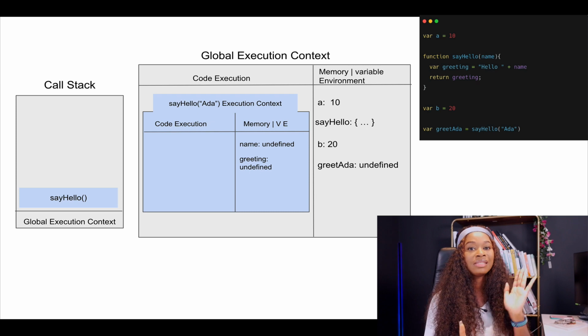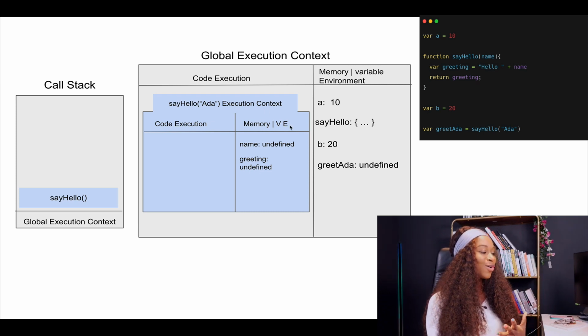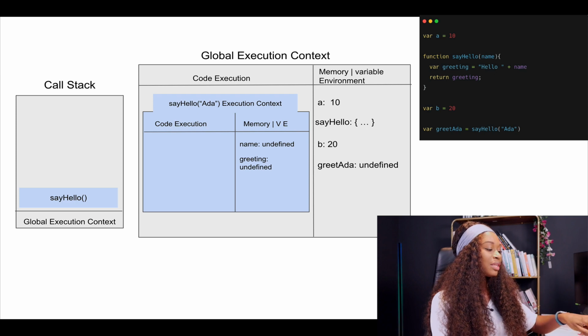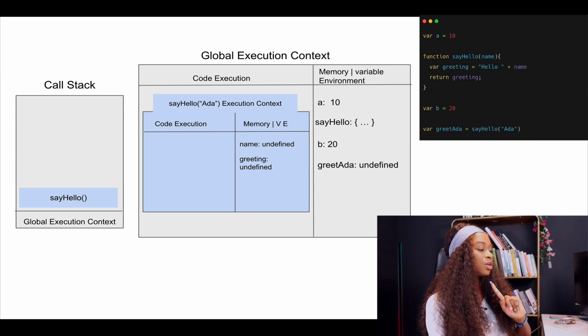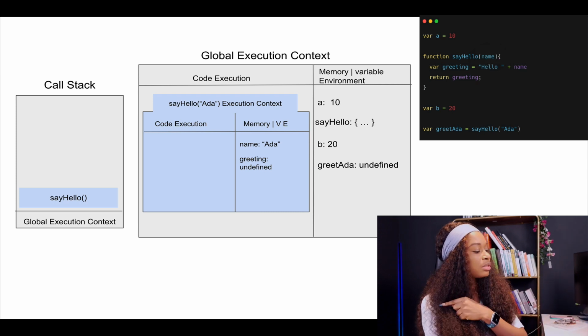So then it starts the code execution phase. Let's go through the code execution phase as well. On the first line we have the name parameter, so it assigns the string adder to the name variable now in memory and moves on to the next line.